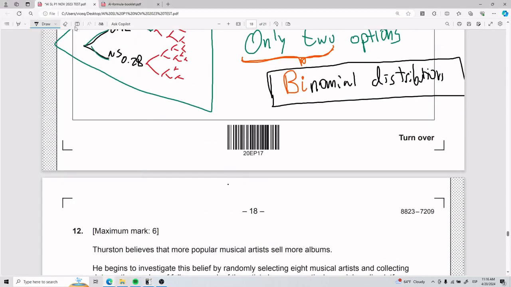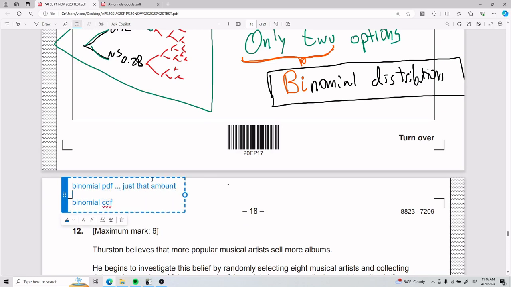And so here's the intuition I'm going to share with you. Binomial PDF versus binomial CDF. For PDF, it's just that amount, and for CDF, it's going to be from 0 to that amount, okay? It'll make a little bit more sense in just a second.